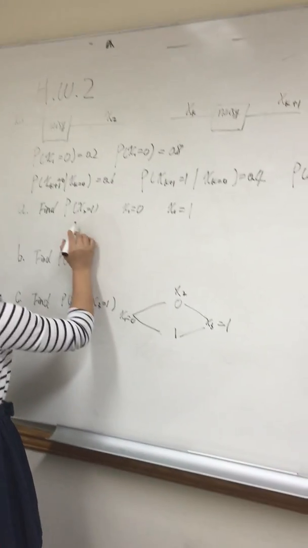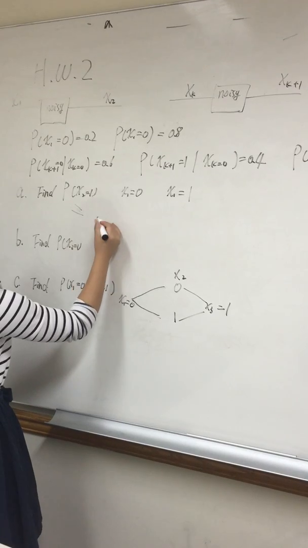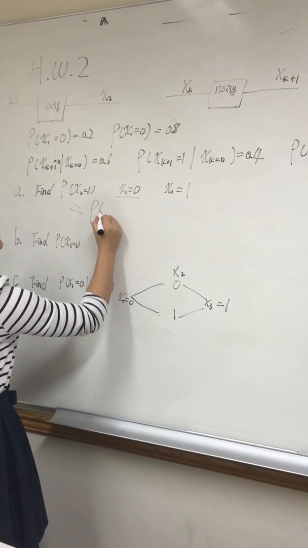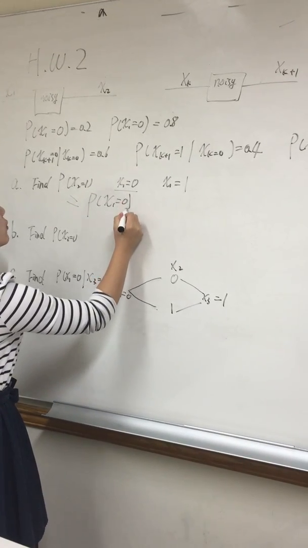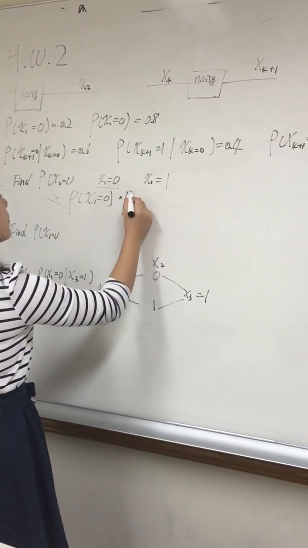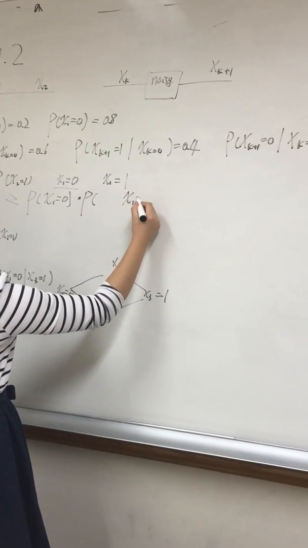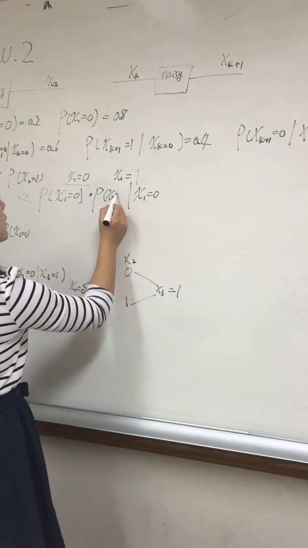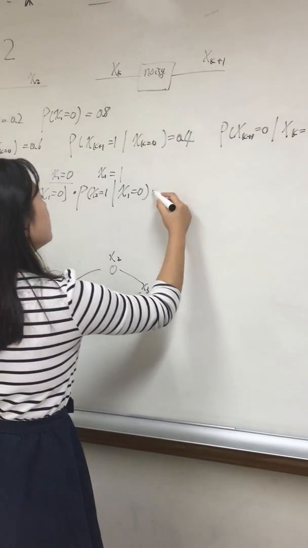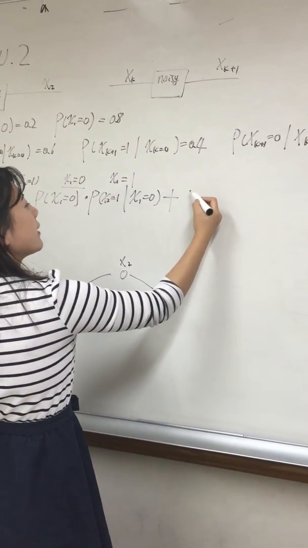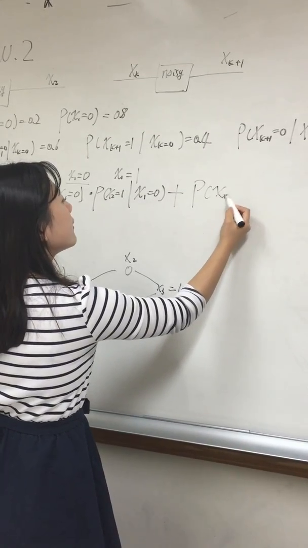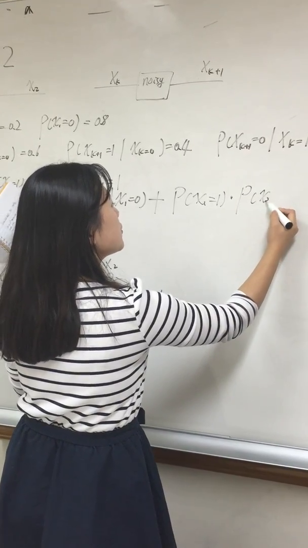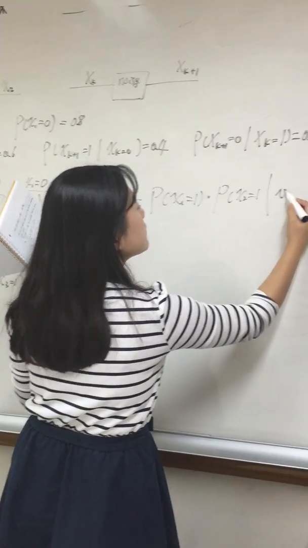So this probability equals the probability x1 equals 0 times the probability x2 equals 1 on the condition x1 equals 0, plus the probability x1 equals 1 times the probability x2 equals 1 on the condition x1 equals 1.